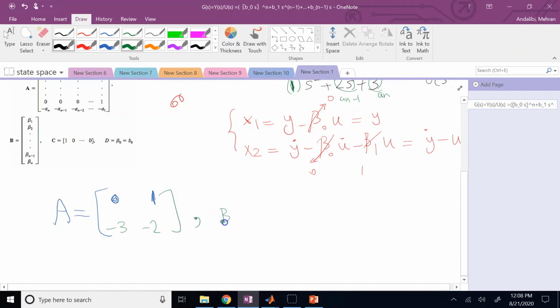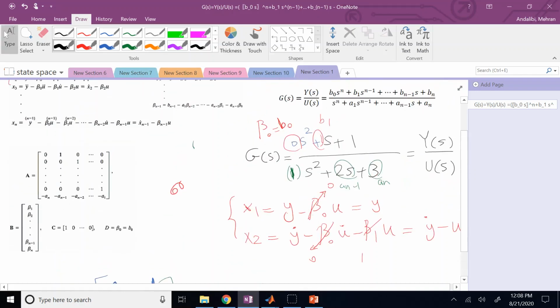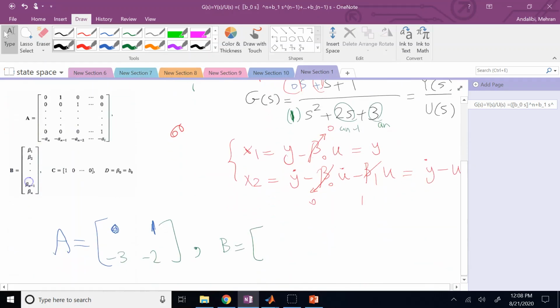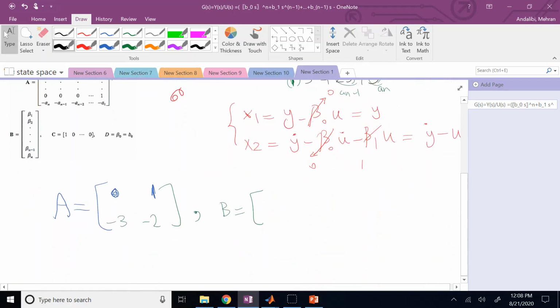Then my B is going to be beta 1 and beta 2. Beta 1 I already calculated; it was 1, so I write it. But I also need to calculate beta 2, which I will do.